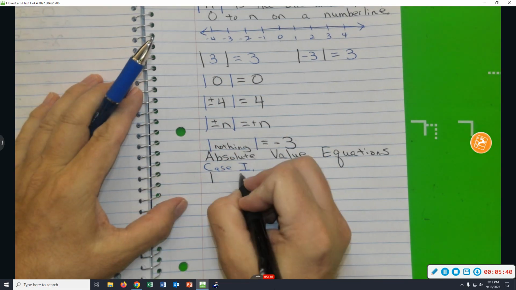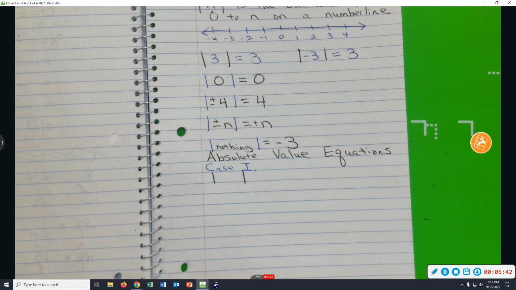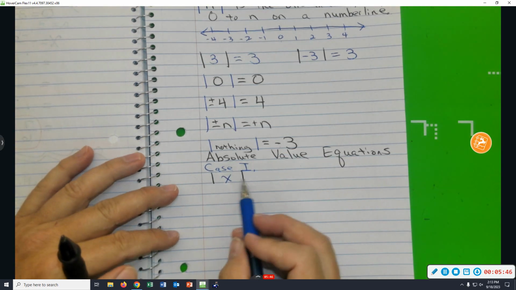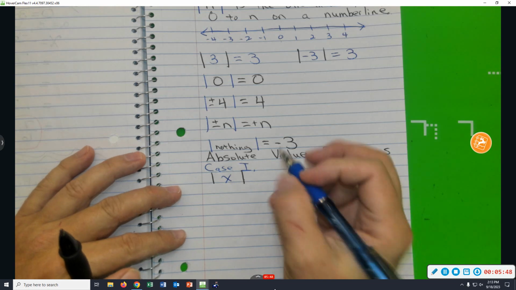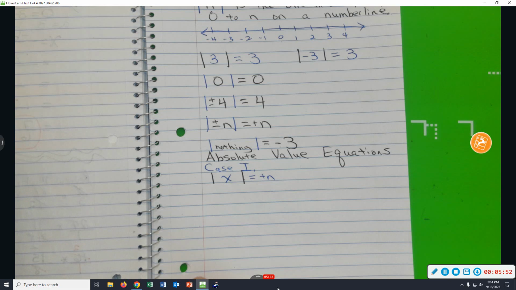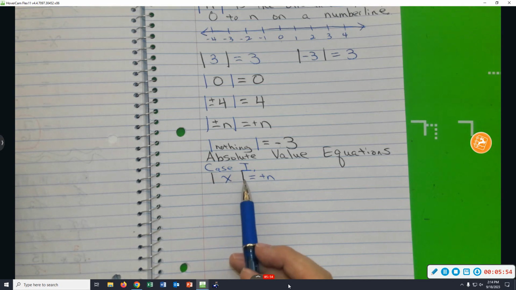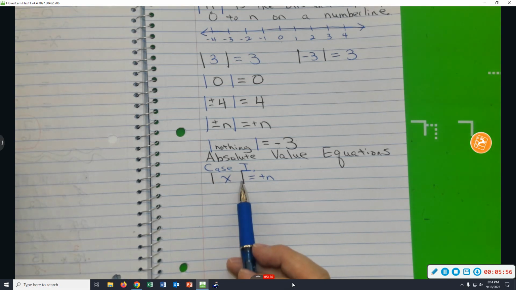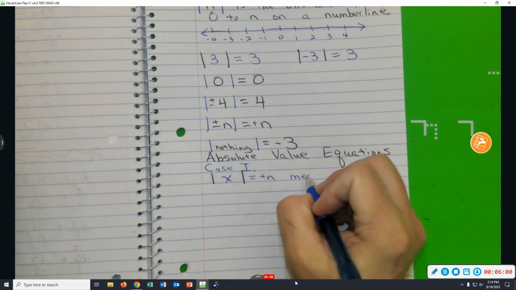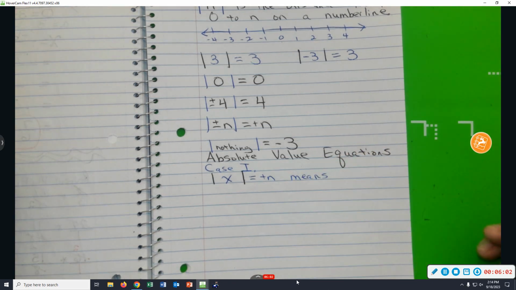If we have the absolute value by itself on one side, equaling a positive number on the other side, that means there are 2 possibilities.